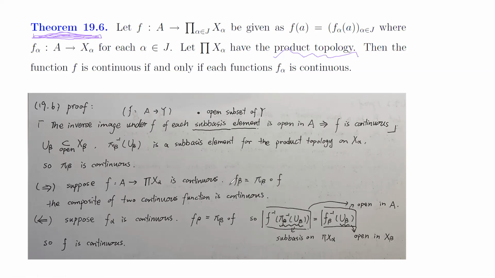Here, if we first assume f is continuous, then f beta is continuous for every beta.